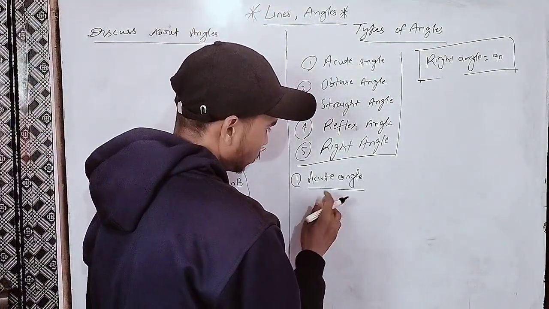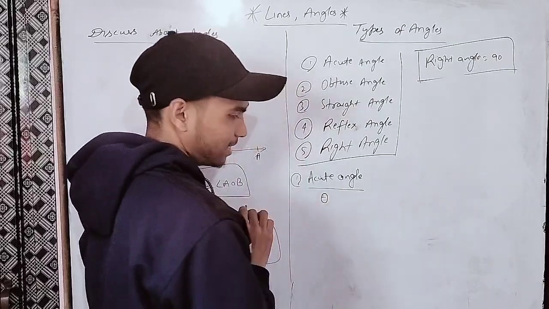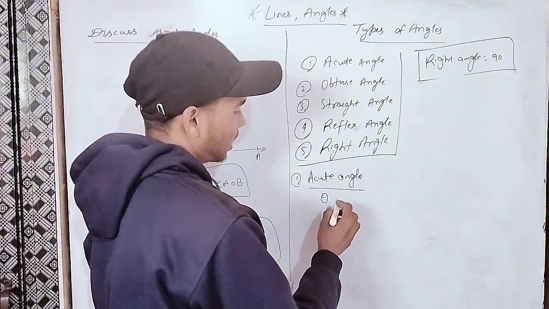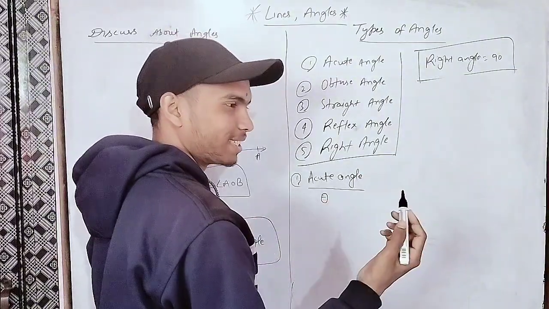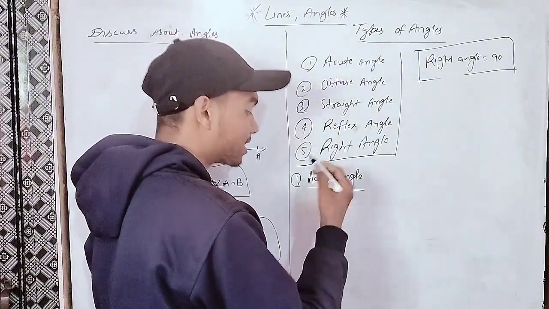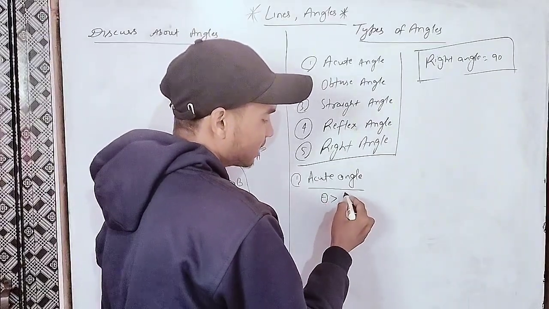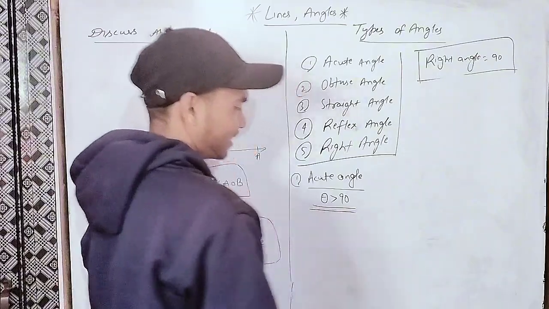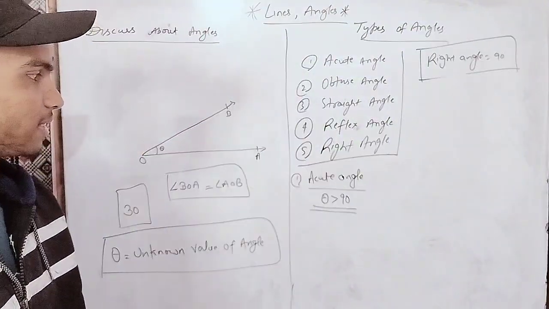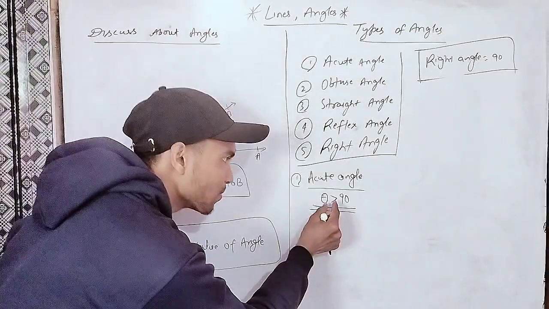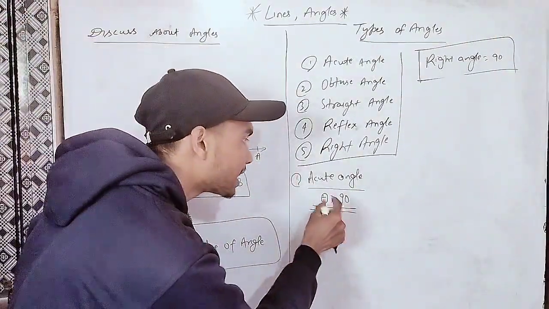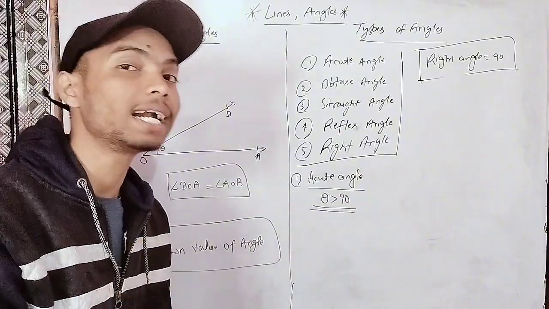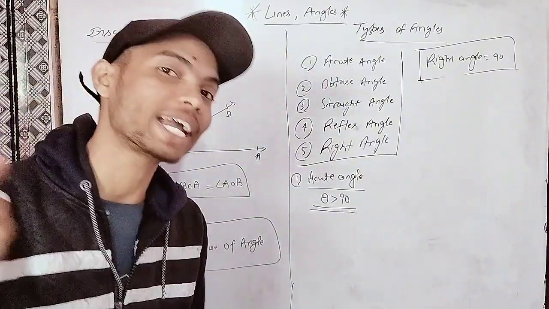So theta is an acute angle. No, it is not greater, it is smaller than 90 degrees. This is the definition of acute angle: theta is less than 90 degrees.